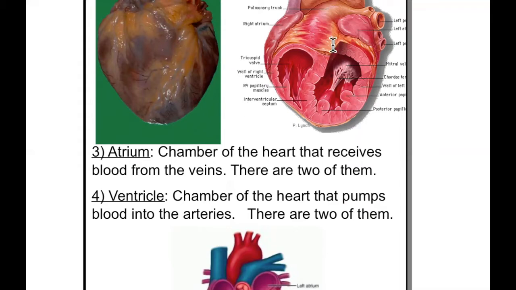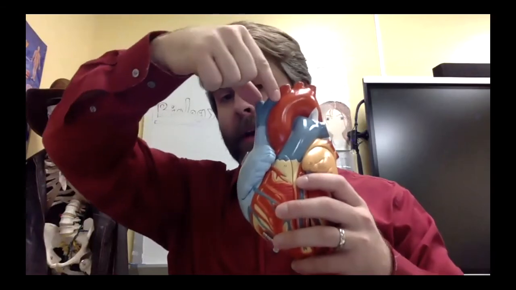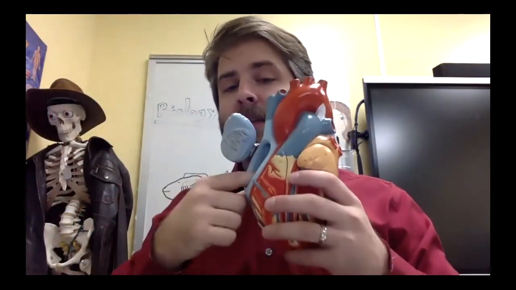And there are two of them. Looking at this heart, we have a right atrium where the blood comes in through here. This is not the opening. This is just a flap so we can see in the model. This is actually closed in real life. The entrance is up here. So blood comes in and fills up this chamber. This is your right atrium.